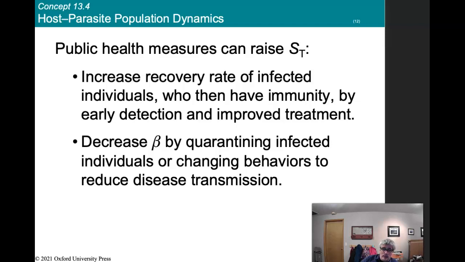They increase the recovery rate of infected individuals who then have immunity by early detection and improved treatment, and decrease the transmission rate by quarantining infected individuals or changing behaviors to reduce disease transmission. Another slide says 2001 on it, but this book was written before that. Sort of interesting.